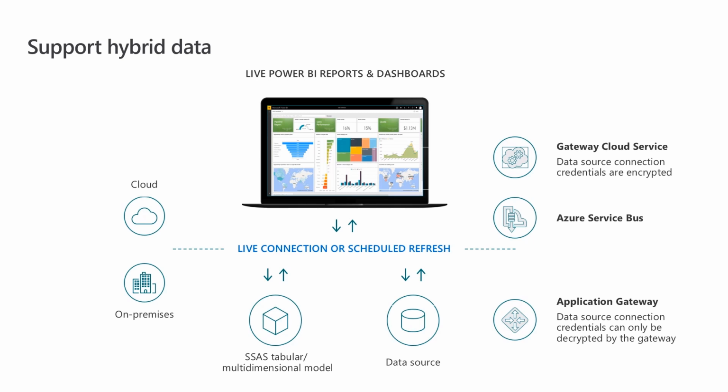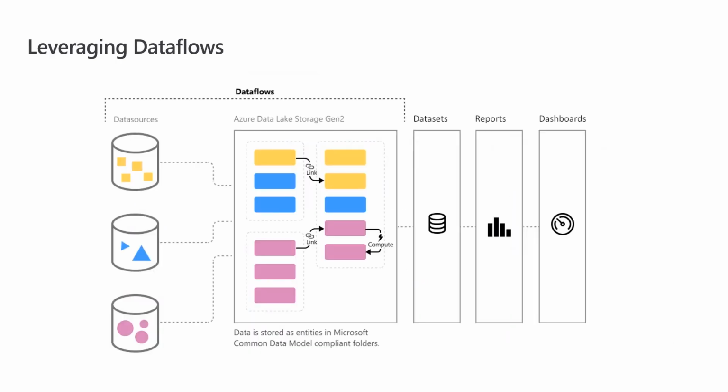Data can come from a variety of data sources. In fact, we'll look at how data flows add a way to take and combine those data sources and bring them in so they can be reused across multiple Power BI reports and dashboards. Normally, when you build a Power BI report or a dashboard, you define the data sets that it brings into that. And if you were to define multiple Power BI assets, each one you would start by defining their own data sets, and they would do their own preparation of that data.